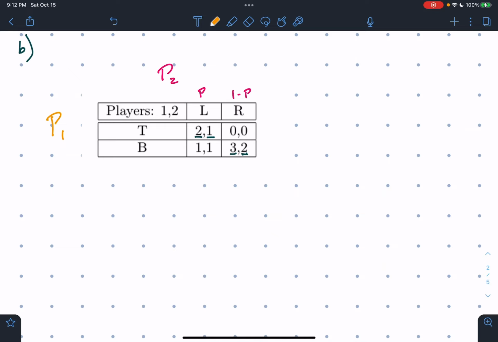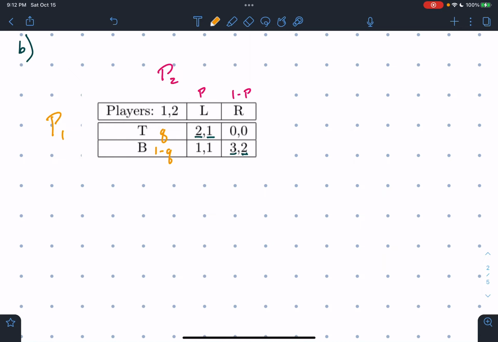Player 1 is playing T with probability Q, and B with probability 1 minus Q. These are the probabilities that each player plays a given action. So P is the probability that player 2 plays L, and 1 minus P is the probability they play R. Similarly, Q is the probability that player 1 plays T, and 1 minus Q is the probability that player 1 plays B.